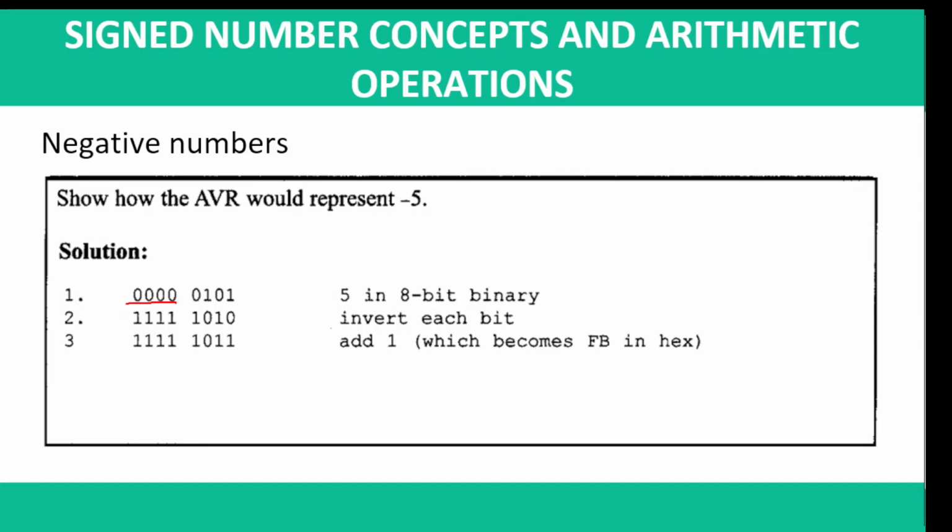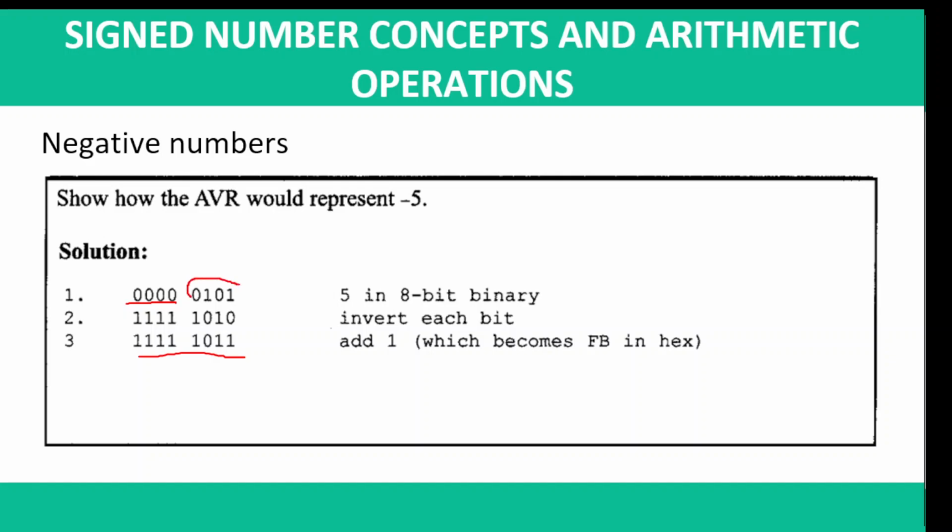And then we invert this binary, so 1 1 1 1 1 0 1 0. Then we add 1. So we have 1 1 1 1 1 0 1 1. So, that would be the representation of our negative 5.